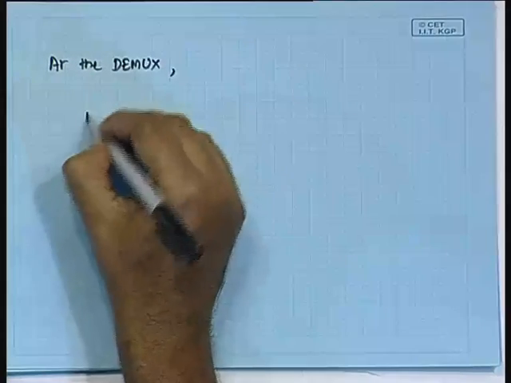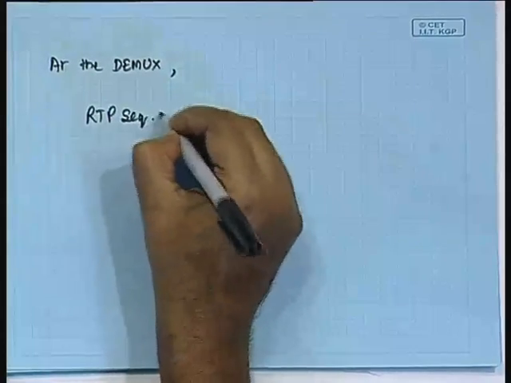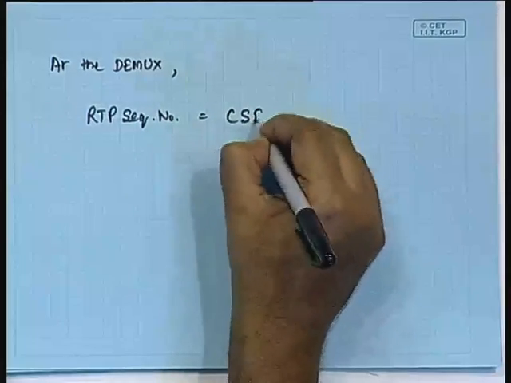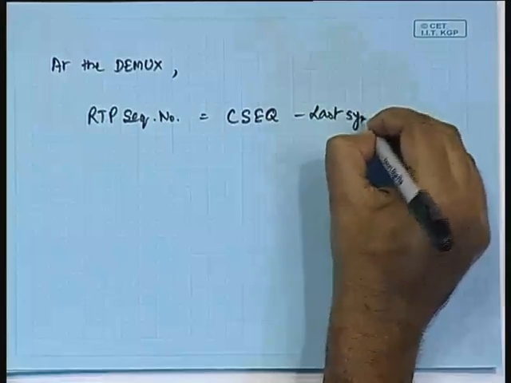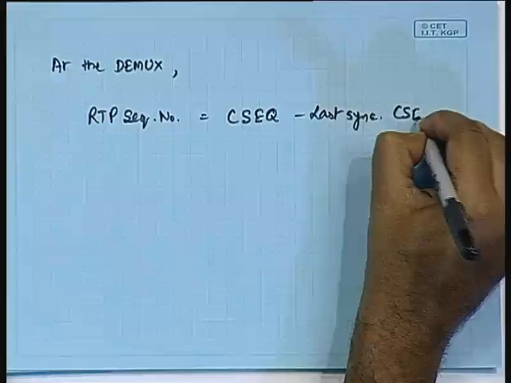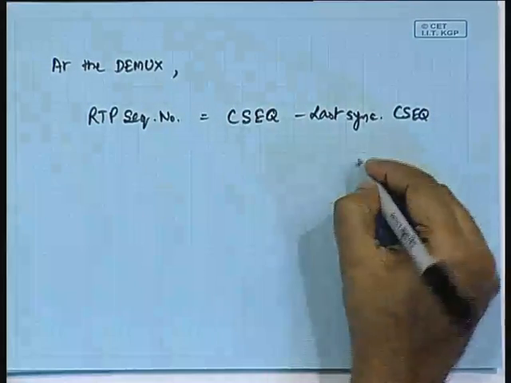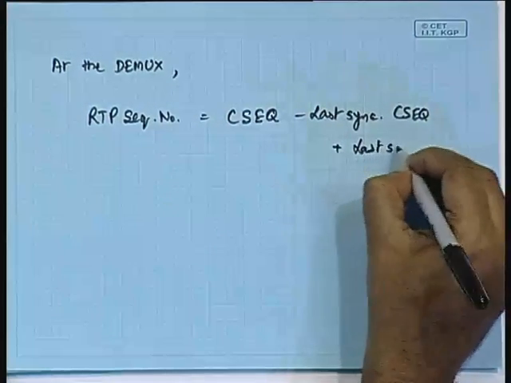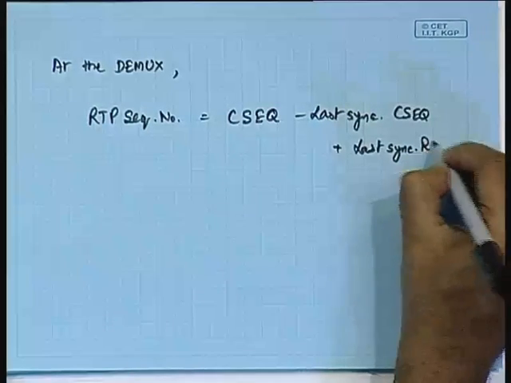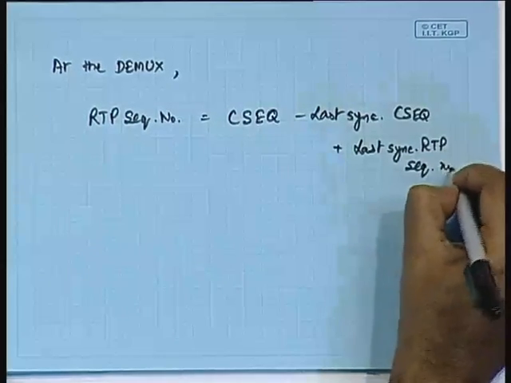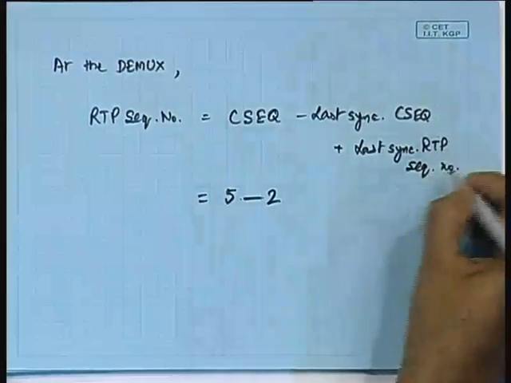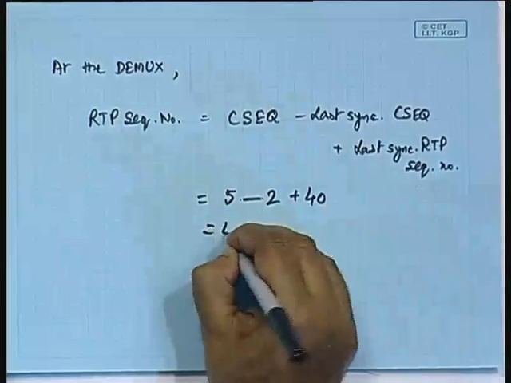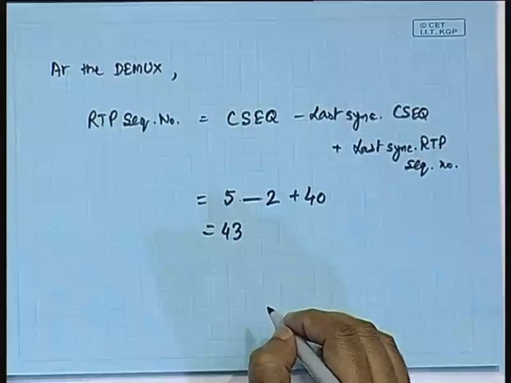The RTP sequence number can be obtained as the C sequence number that it has received, minus the last sync C sequence number which is already stored, which is 2, plus the last sync RTP sequence number that is also stored. So, 5 is received now, the last sync was 2 and the last sync RTP sequence was 40. So, it gets back the RTP sequence number 43, which was what the source was sending.